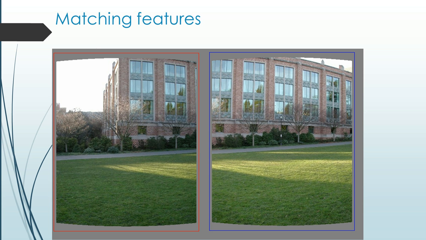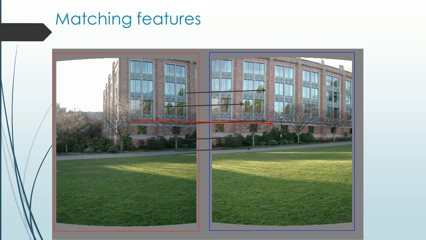Suppose we have these two images. They contain part of the same scene. From these images, we can match particular points. Here, we are matching different points, and some of them correspond to the actual point that they should correspond to.